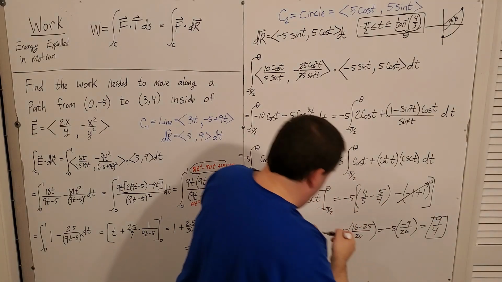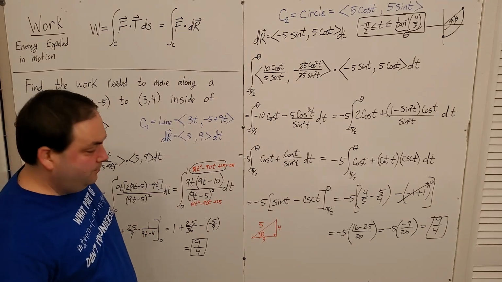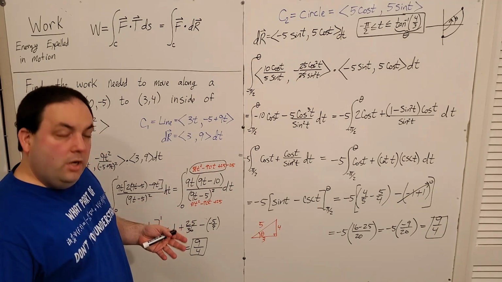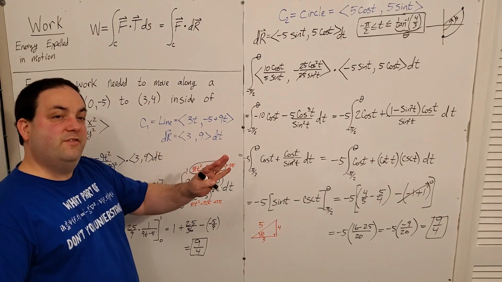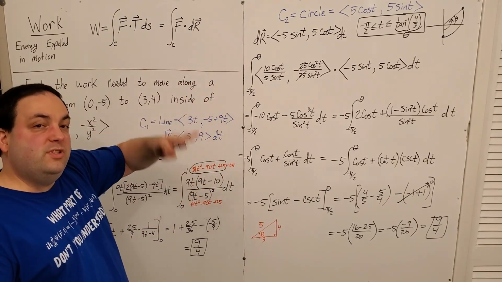All right, so I'm hoping you're noticing that we came out with the same answer this time. I did say that not always could this happen, but there are some cases where it could. There are certain types of vector fields where the path that you use doesn't matter.